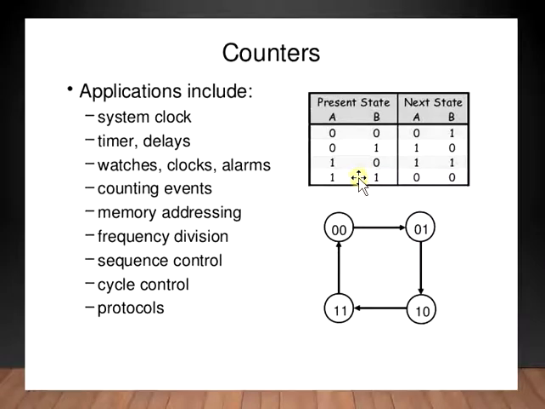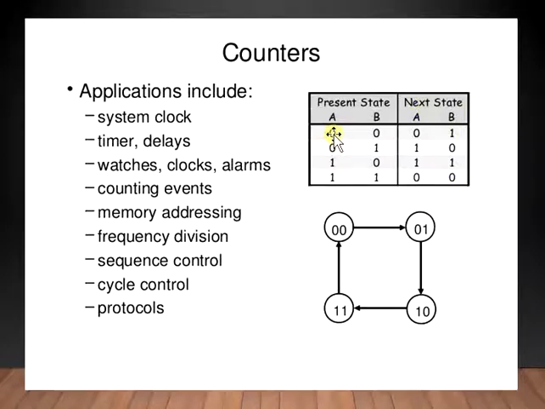So here you can see we have represented A, B, the two variables, and these two variables can have a total combination of 4. So I have represented this as 00, 01, 10, 11, and this first block corresponds to the present state and the next block corresponds to the next state.